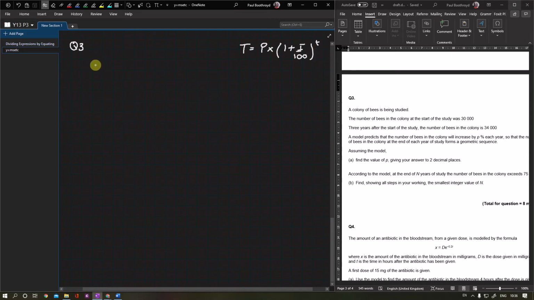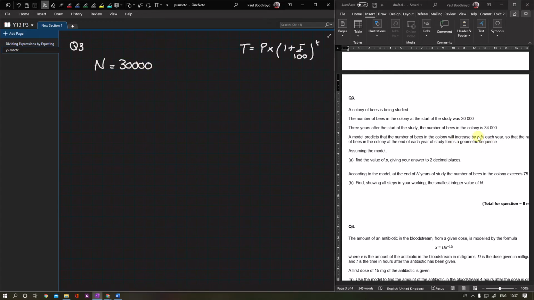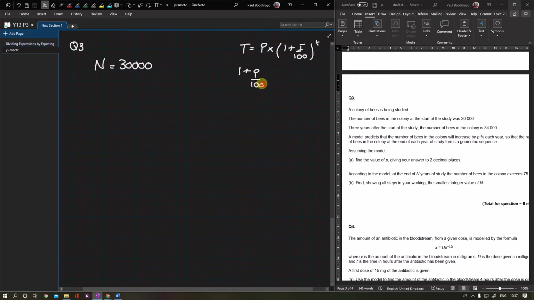So we're talking about the number of bees is equal to 30,000 is the normal number. That's what we started with, and we're increasing at a rate of P% a year. So if we say that 1 plus P over 100 is a rate, I can simplify my expression to being R, the growth rate, to the power of t.